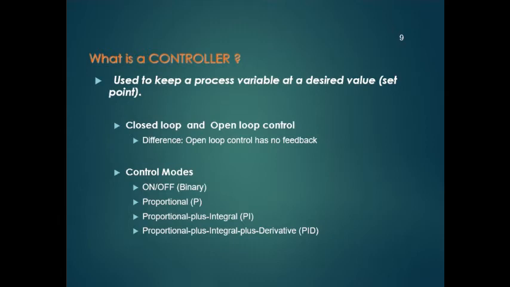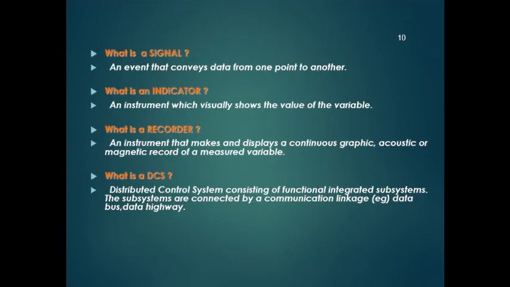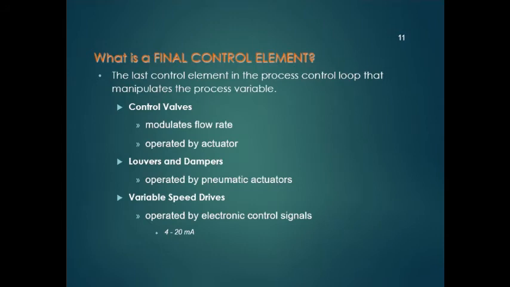Signals are fed to the indicators or recorders, evaluated in our control system, and shown on the DCS and made available to our operators. Control elements are the drives, which are control valves, blowers, dampers and variable frequency drives.